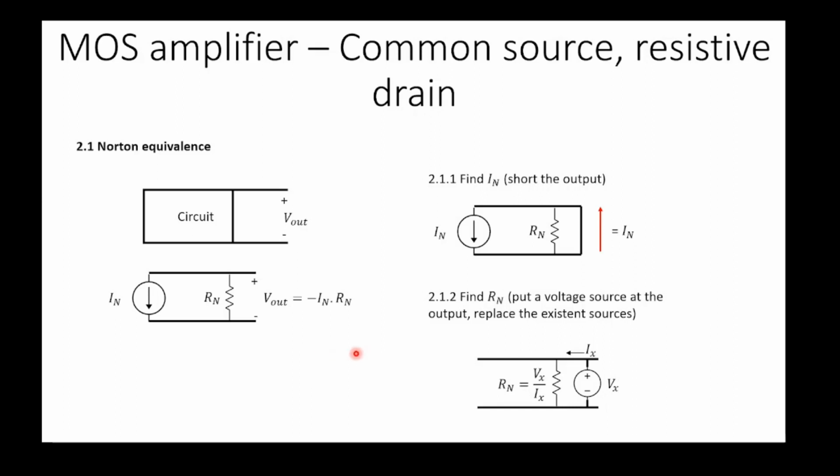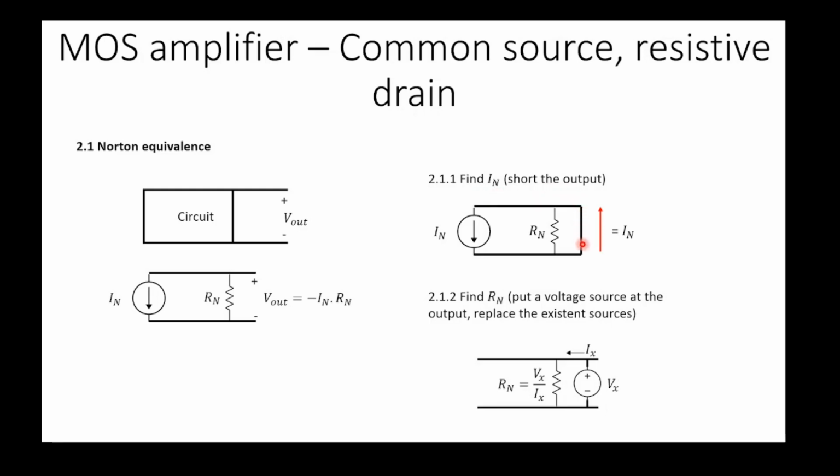And next, going back to our Norton equivalence, of course they model the unknown circuit with a model, and the parameters like the IN or the RN are also unknown. In order to determine their values, how can we determine them? First, to determine the IN, we need to short the output.